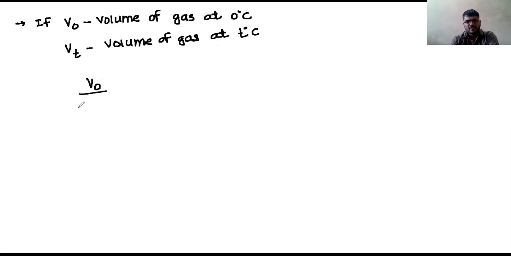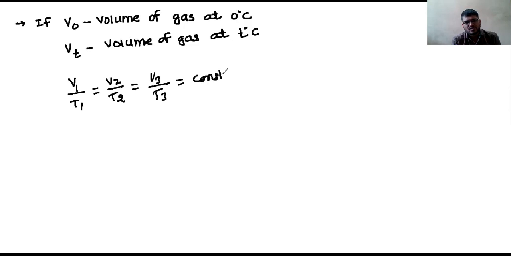Then from this law you can see here V0 by 273.15. How? Wait, let me do one more step so that you understand better. Can I write like this? According to our law, V1 by T1 is equal to V2 by T2 is equal to V3 by T3, and this is always equal to constant.